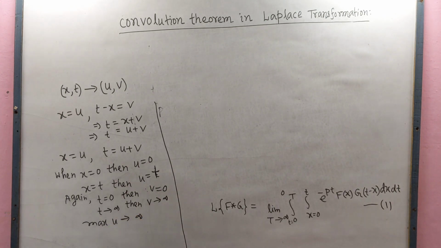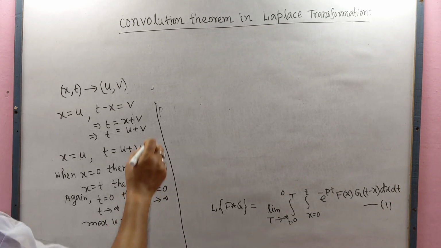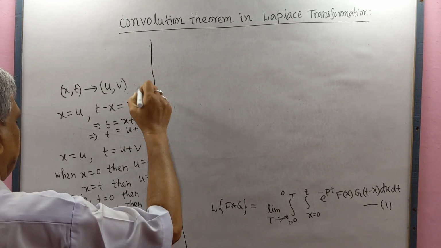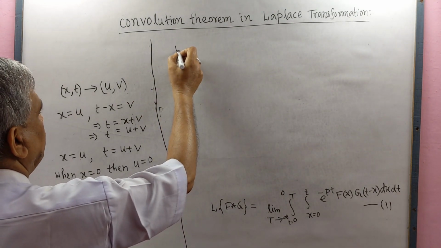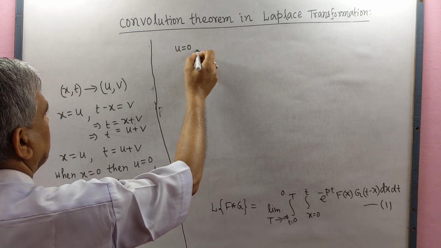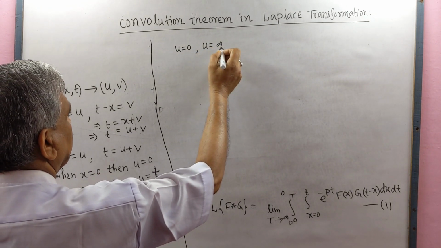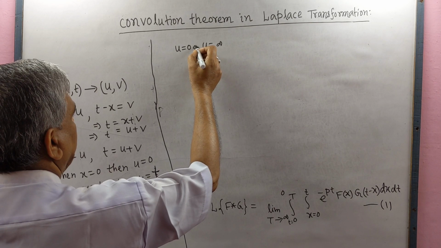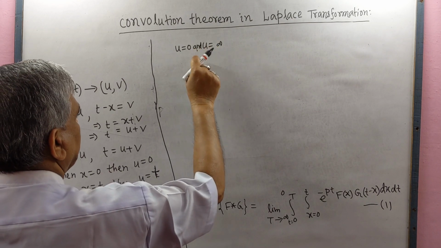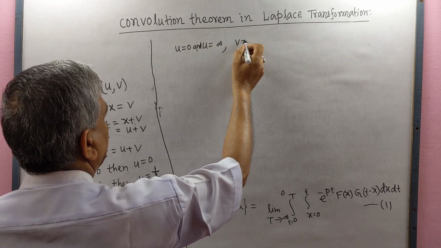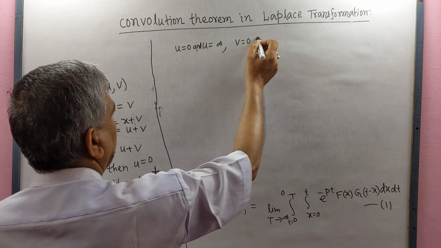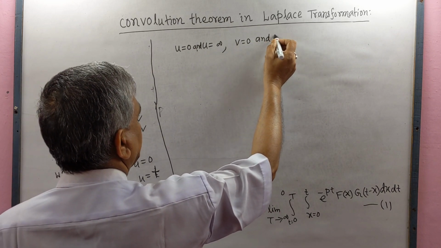So we get the limits as u equal to 0, u equal to infinity, and v equal to 0, v equal to infinity.